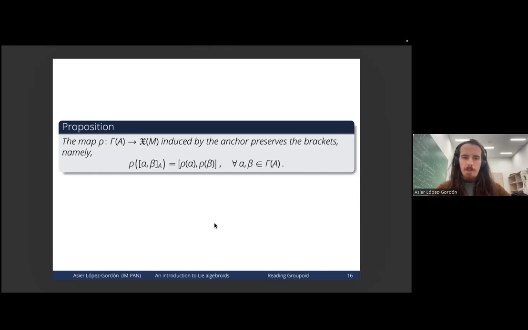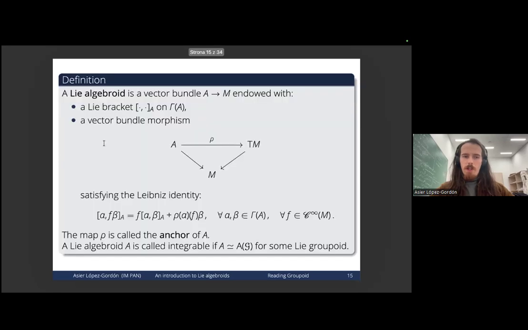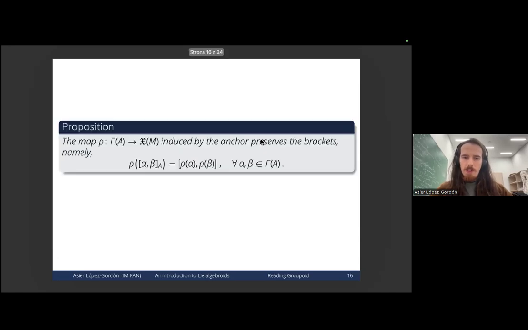An important property of the anchor is that it preserves brackets. Namely, the anchor is essentially a map from the space of sections of our algebroid to, well, we have defined it as a vector bundle morphism, but of course, as any vector bundle morphism, it induces a morphism on the associated spaces of sections.